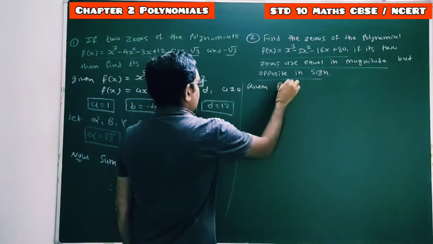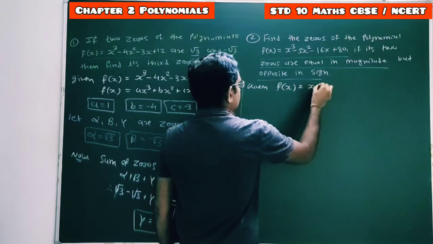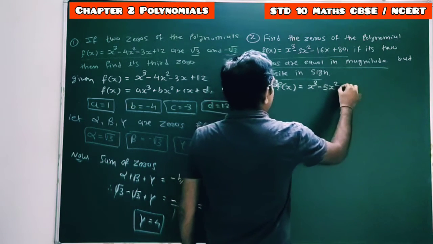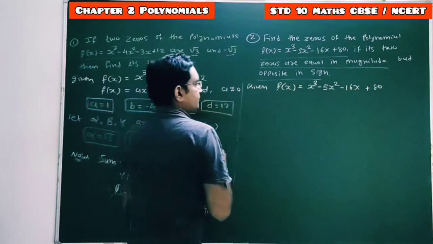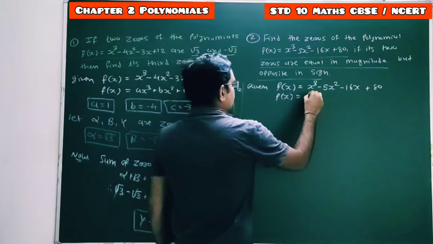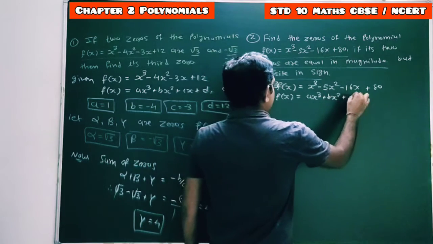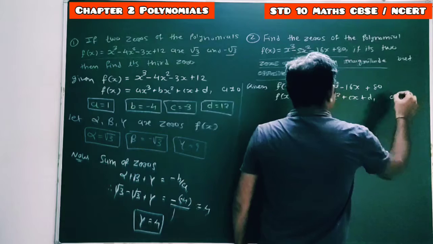So here we are given one cubic polynomial f of x, that cubic polynomial equal to x cube minus 5x square minus 16x plus 80. Compare this given cubic polynomial with its standard form, which is ax cube plus bx square plus cx plus d, where a is not equal to 0.